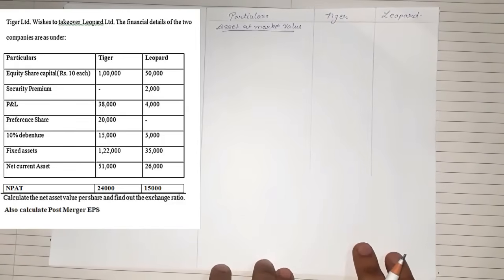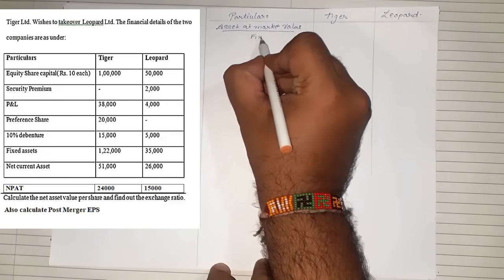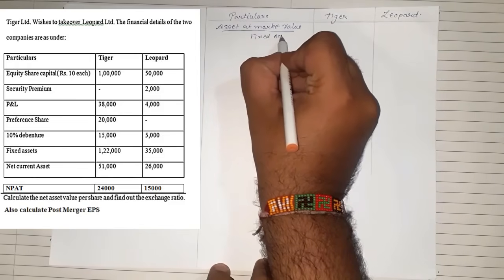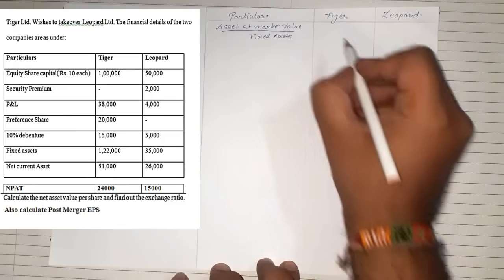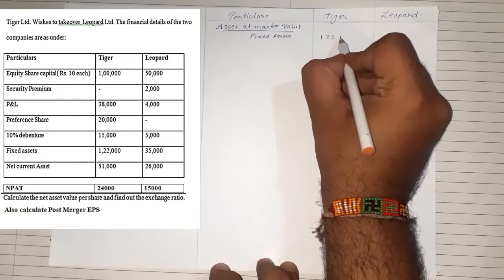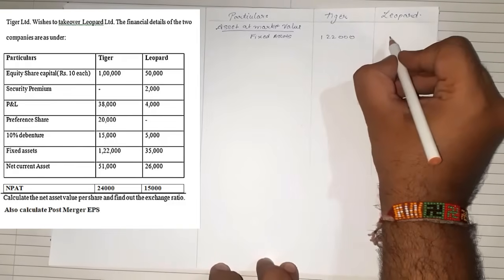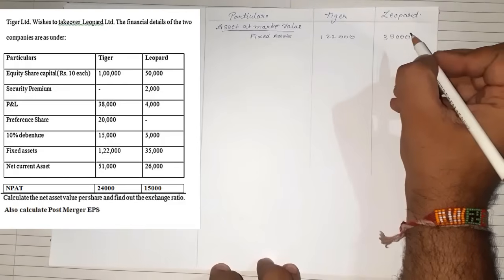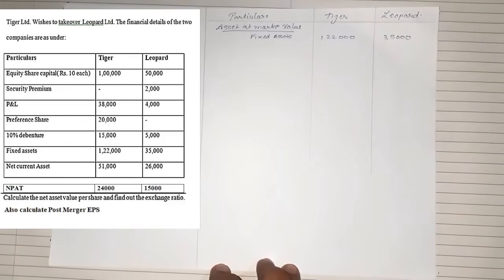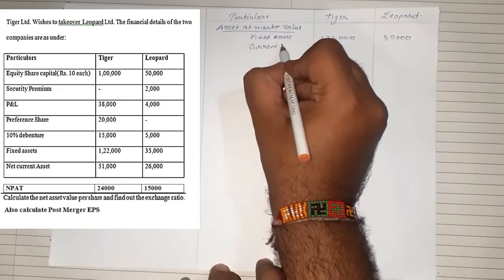Now if you look carefully in the question, they have given us fixed assets and net current assets. So I'll write here fixed assets. The values are 1,22,000 for Tiger, and for Leopard it is 35,000. The next thing was current assets.